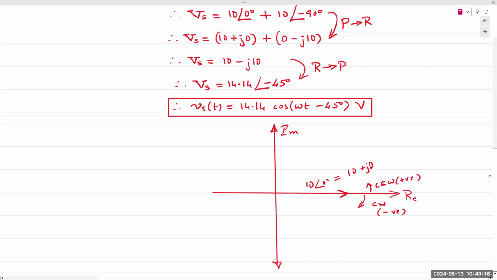So minus 90 is the negative imaginary axis. I have a vector that lies on the negative axis. This is 10 with an angle of minus 90. The real component of that vector is 0. The only component is negative J10.